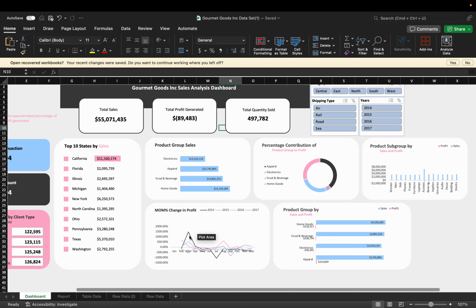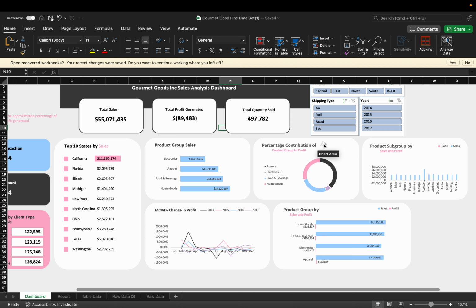That was when we had the highest positive change in profit, and it also had the lowest change in profit as well. However, you can see the trend of how the change in profits was shifting for each of the years.